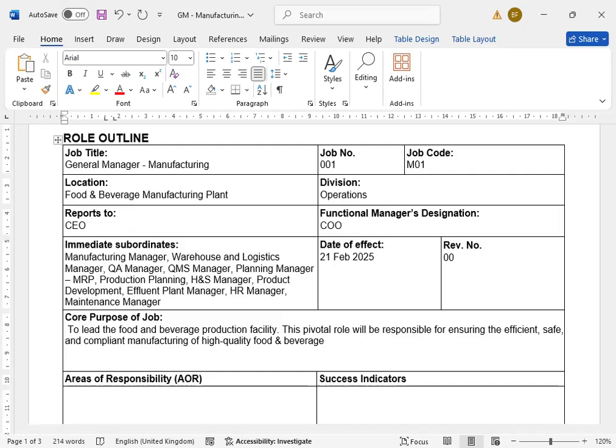I was working there as a training manager, so I'm quite aware of what they are doing in terms of the quality, the quality system, the auditing of the food safety, things like that, the HACCP, GMP.